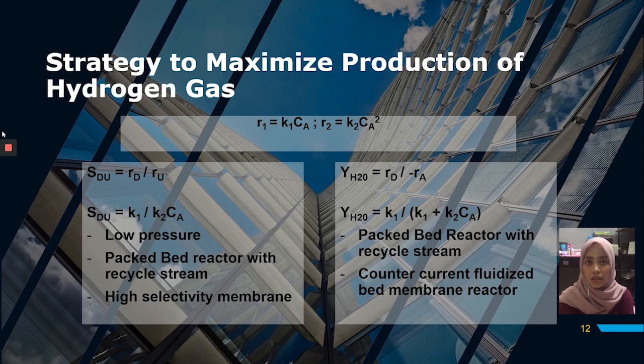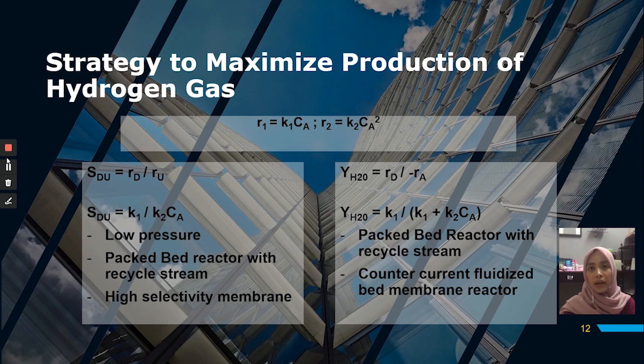Next, to increase the yield, we also need to decrease the concentration of A or decrease the rate of reaction for the second reaction. To satisfy both conditions, we can use a PBR reactor with recycled streams. According to research by Abashar, a countercurrent fluidized bed membrane reactor produces a better overall equilibrium conversion.